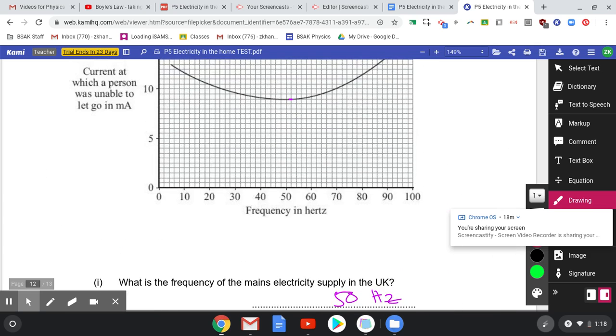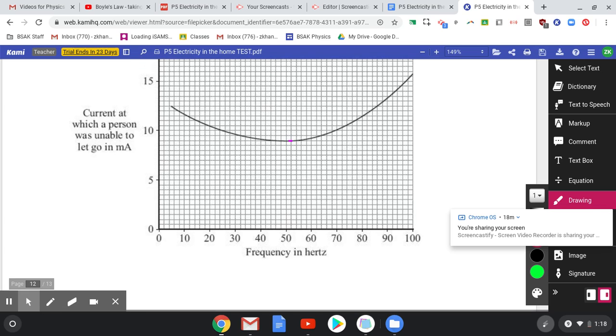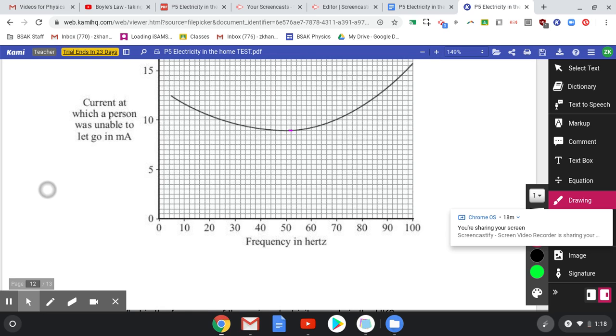So we look at where 50 is over here. If you go up there and across, that is just under 10 milliamps. So what does that mean? It's the current at which a person was unable to let go.